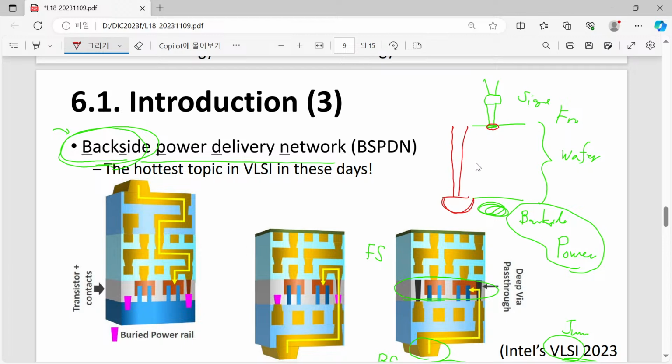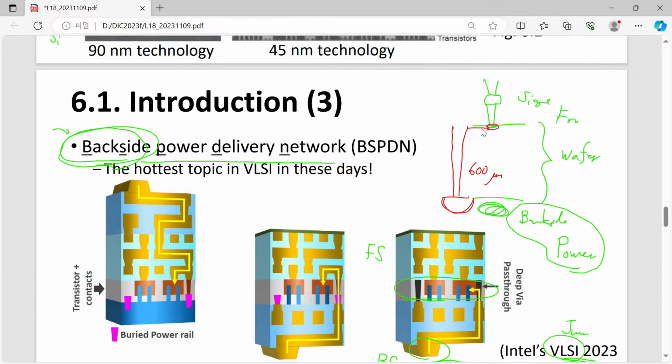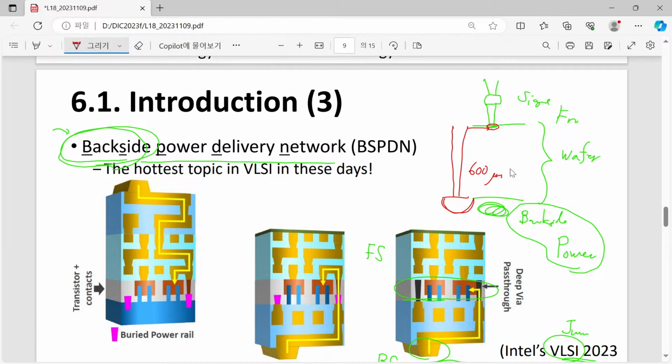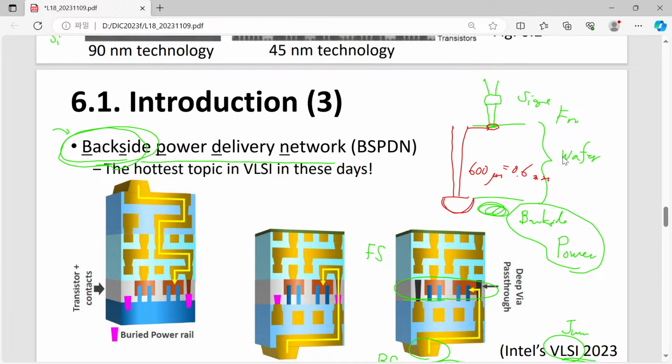We would have to go through 600 micrometers and provide a signal. Wow, that is not a clever idea, because the distance is quite long. Close to 600 micrometers is 0.6 millimeter, which is a huge distance. So it is not a reasonable way.